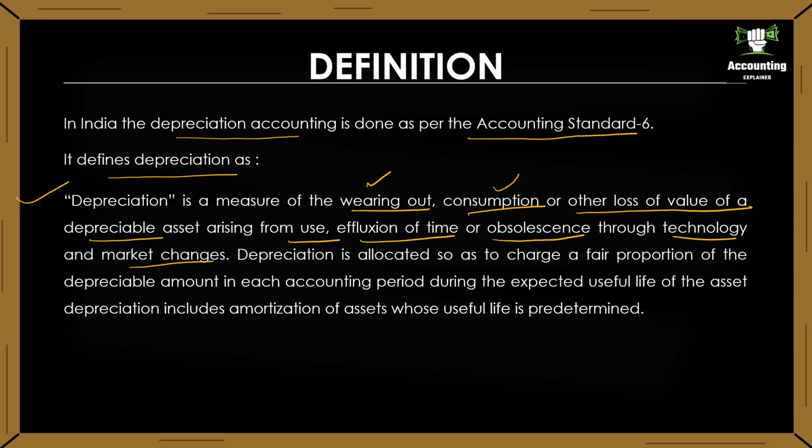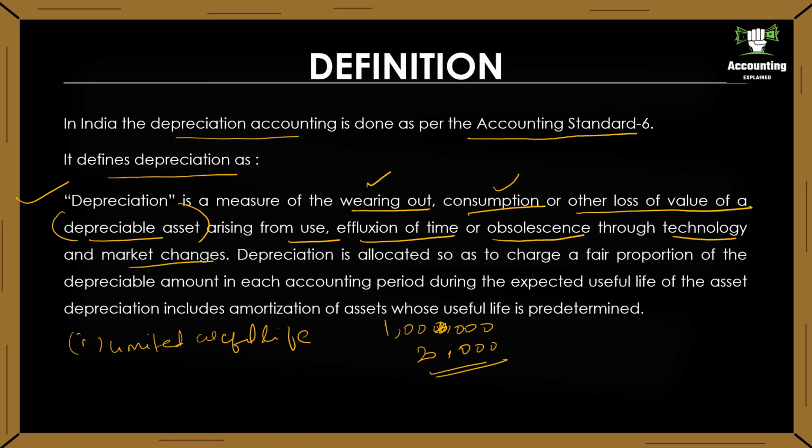Here, AS 6 defines depreciable asset. What are depreciable assets? Depreciable assets are those which have a limited useful life. In the previous example, what did we see? We saw that the machinery value was 1 lakh and every year 20,000 rupees was deducted as depreciation, right? So we assume that the machinery had 5 years of life.